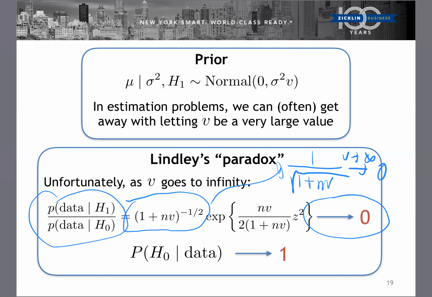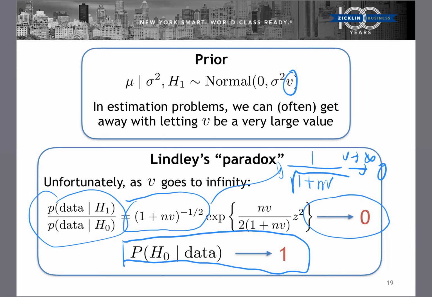The impact of this on our posterior probabilities is that the posterior probability for the null is going to be equal to 1. So no matter what the data are telling me, if I set V to be like 1 billion or whatever, you're going to find a posterior probability that is exactly equal to 1 for the null, no matter what the data is.